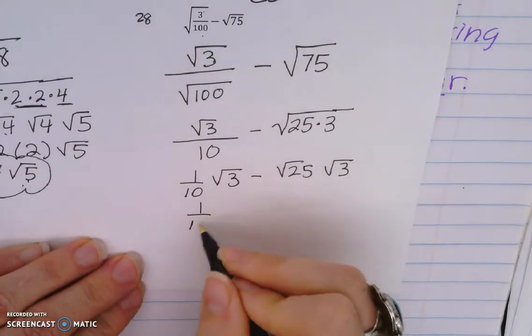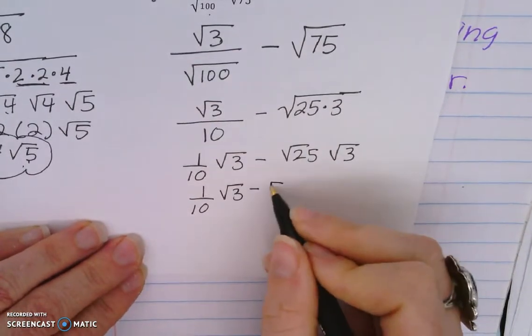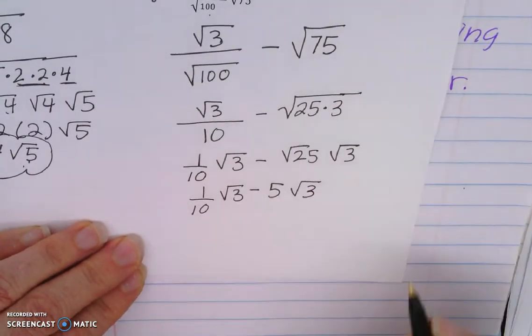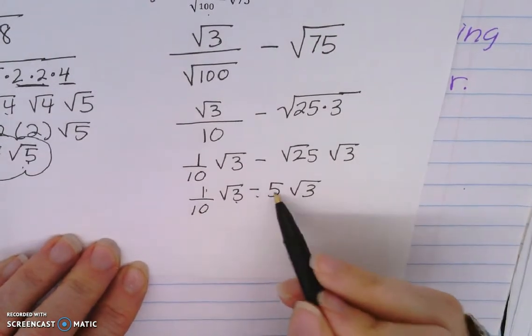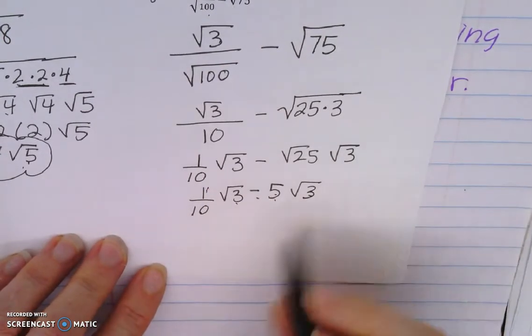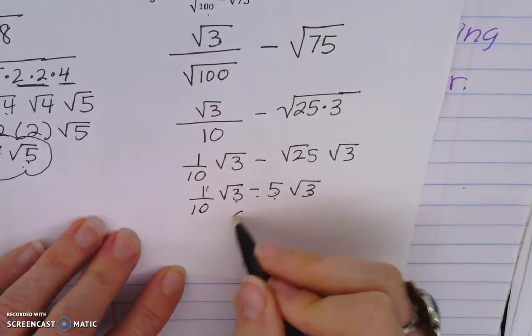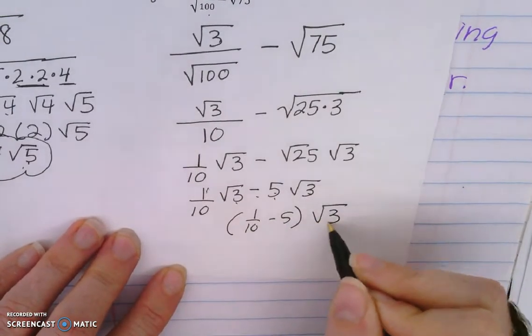Well, if I have 1/10 square root of 3, take away 5 square root of 3, I just have to think about this as 1/10 minus 5 and then all times the square root of 3.